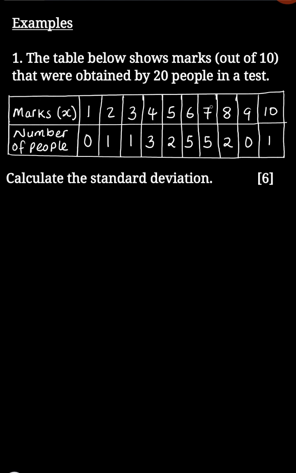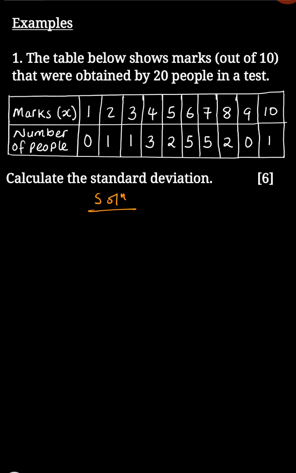When it comes to the direct method of calculating the standard deviation, this is what you are going to do. In step number 1, you must calculate the mean. So when it comes to the solution, you must start by calculating the mean.